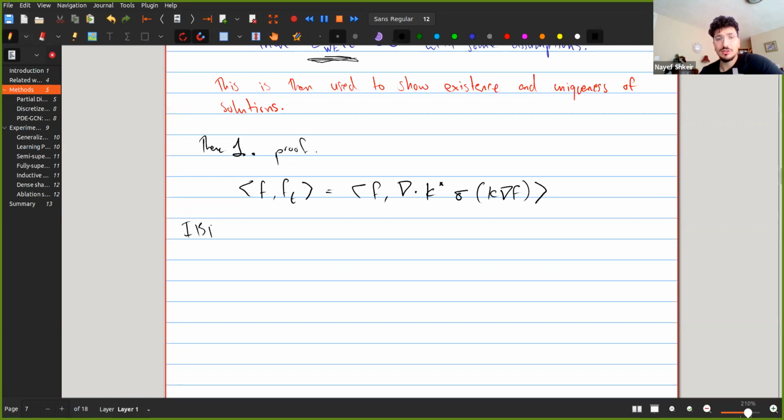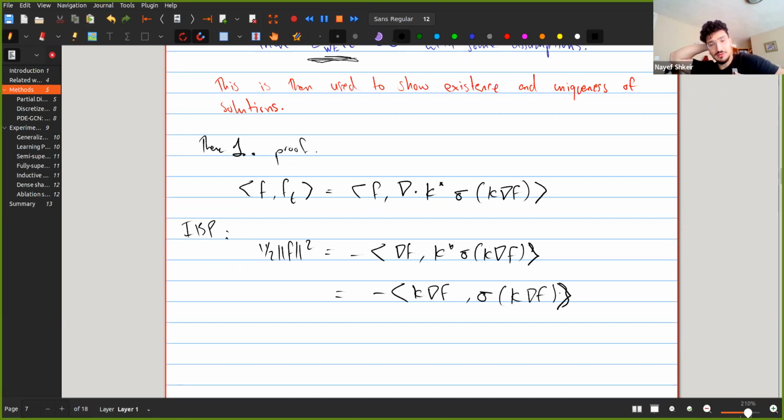If you do integration by parts, you'll get half the norm of F squared is going to be equal to minus the inner product of grad F and then K adjoint sigma K grad F. The boundary terms vanish because of your initial conditions and your boundary conditions. And so you can use the property of the adjoint of K. So this will be minus K grad F, and then the nonlinearity, and then K grad F here.